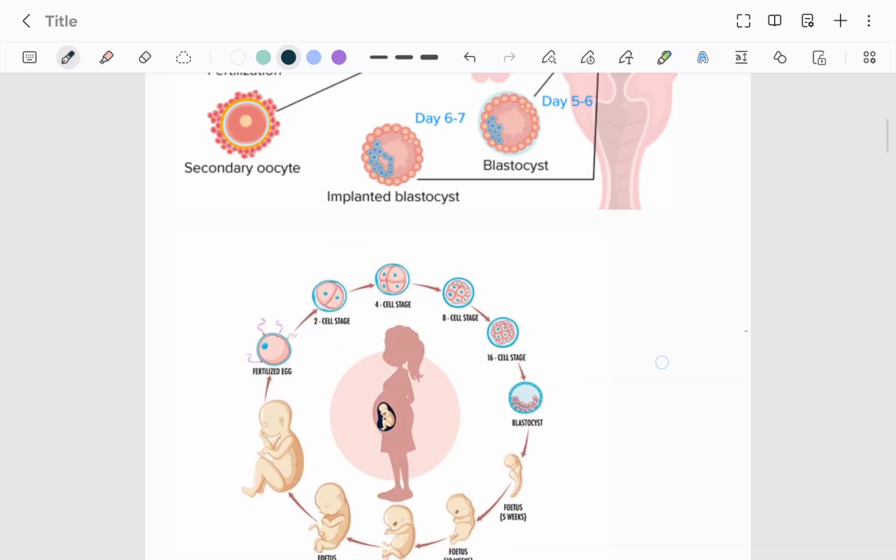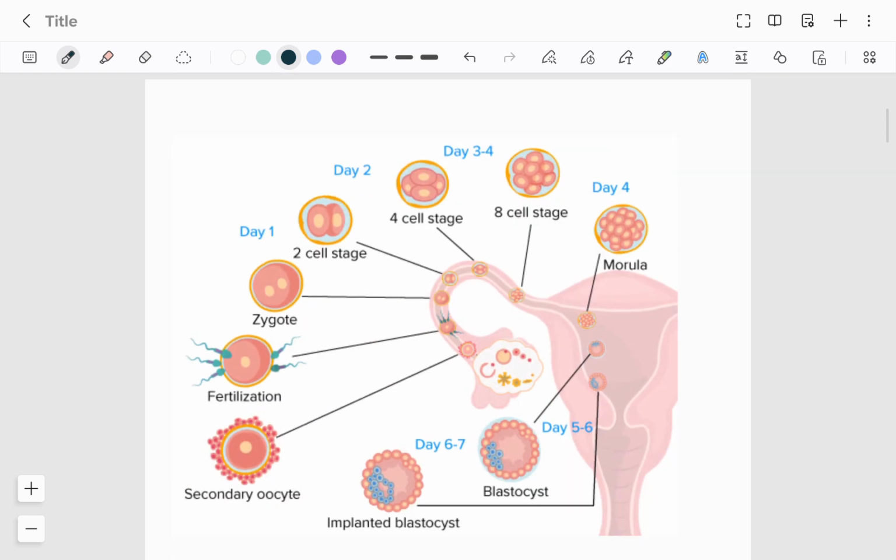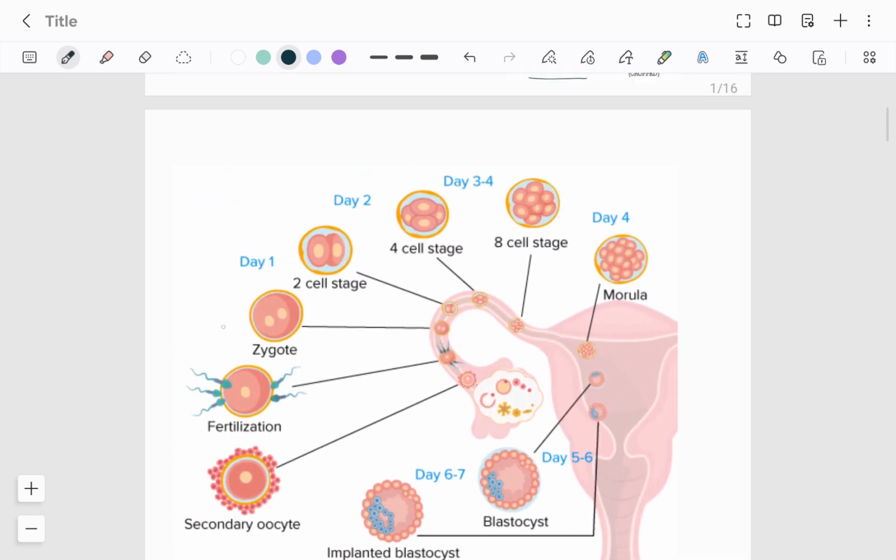Okay. One day you were a one-celled organism, a zygote. There was true friendship between the sperm and the secondary oocyte. See, this is not an ovum, this is a secondary oocyte, which is fertilized by the sperms. That we will study when we study reproduction.